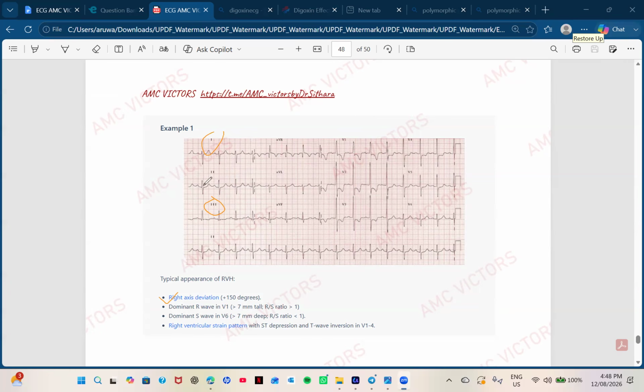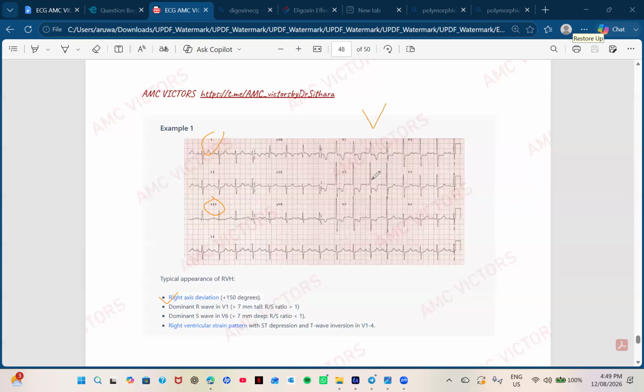Okay, here, what you can see in lead 1 for the right axis deviation: you can see in lead 1 the QRS is negative, right? And here in lead 3, the QRS is positive.